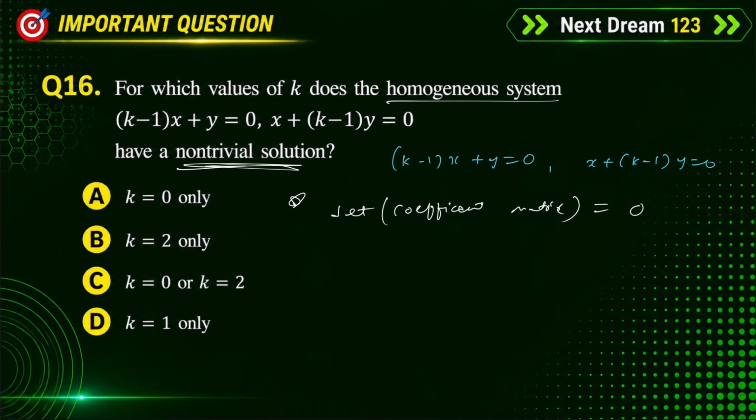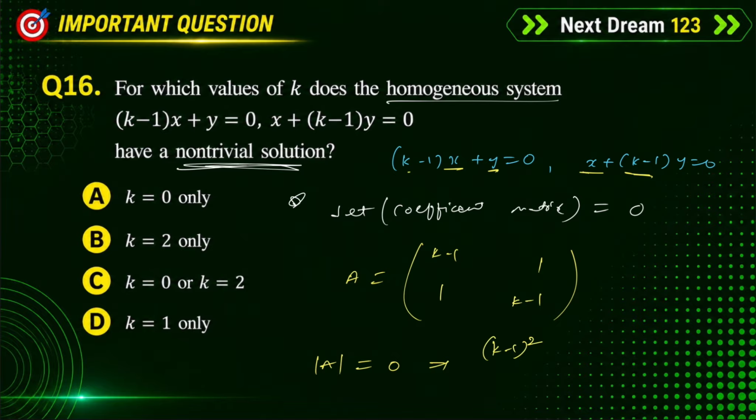If I give the name A, the x coefficients are k minus 1 and 1, the y coefficients are 1 and k minus 1. Just find the determinant of A. This value should be equal to 0. Then we get (k minus 1) squared minus 1 equal to 0, so (k minus 1) squared equal to 1.